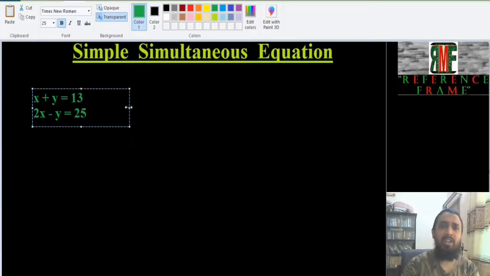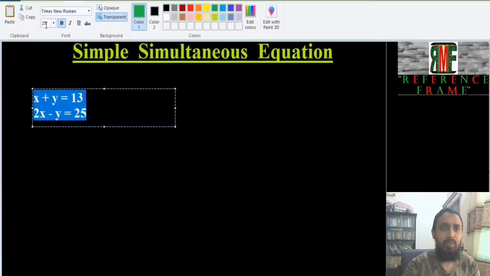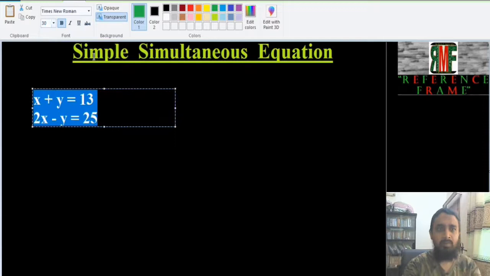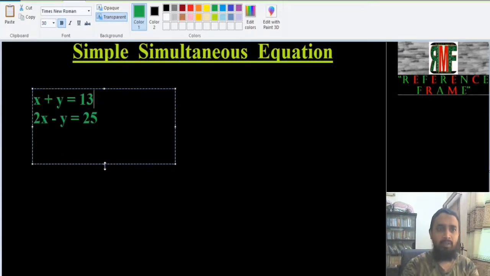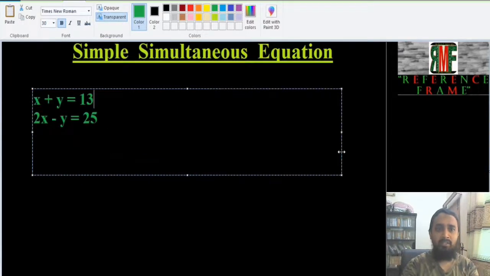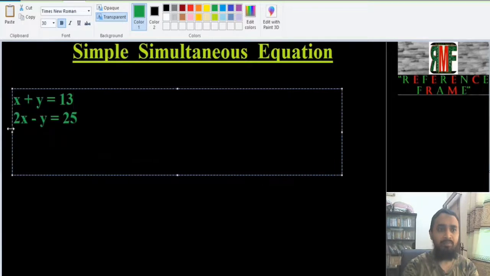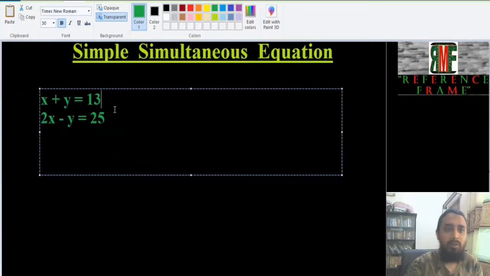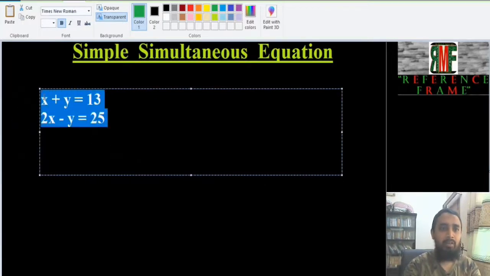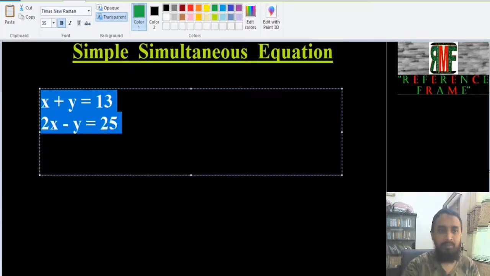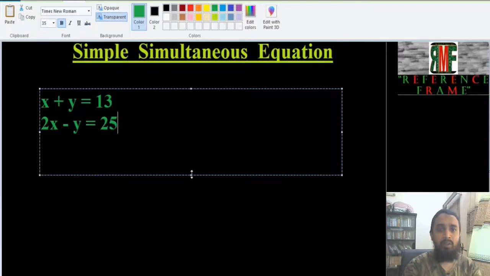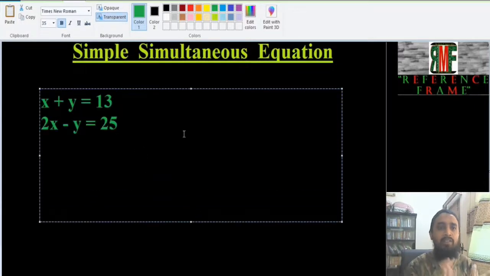I'm just taking it as a random one, as you can see on the screen. It's not necessary that it must be like this. I'll write it in a bigger format. Here we are asked to find the value of x and y, that means we are going to solve this.